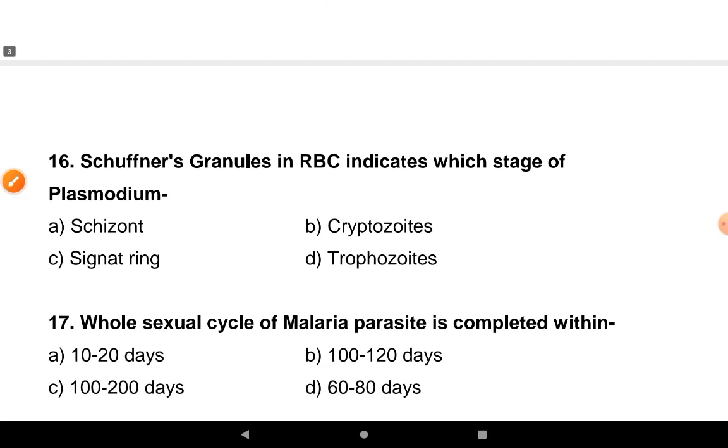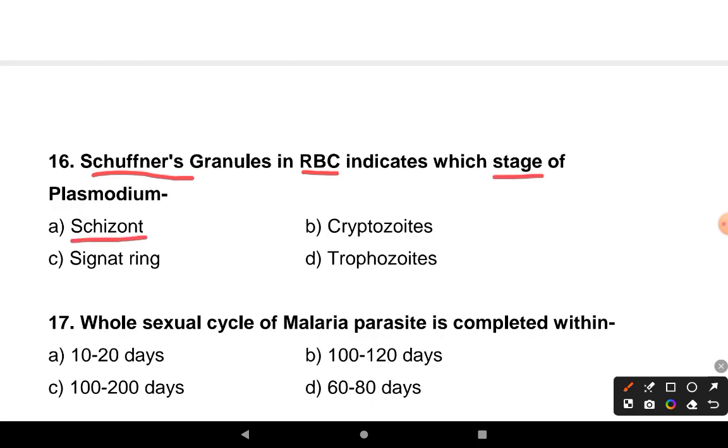Our next question is: Maurer's granule in RBC indicates which stage of Plasmodium? Schizont, cryptozoites, signet ring, trophozoites. Our correct answer is option A. Maurer's granule in RBC indicates the schizont stage.